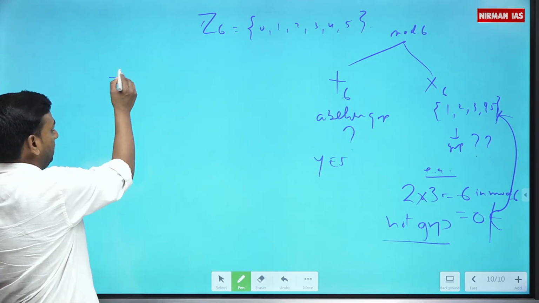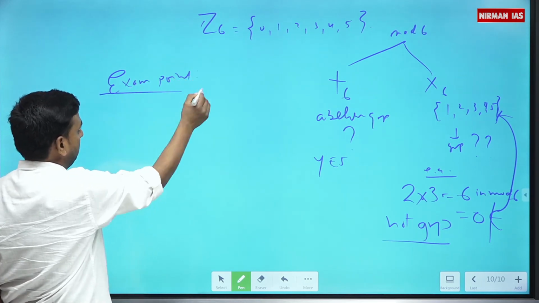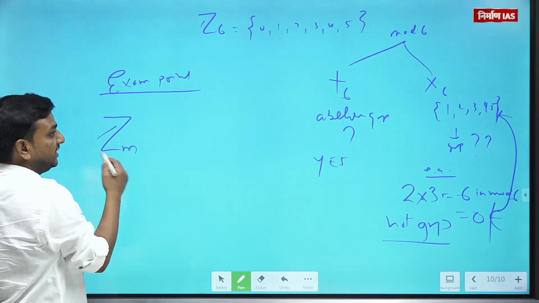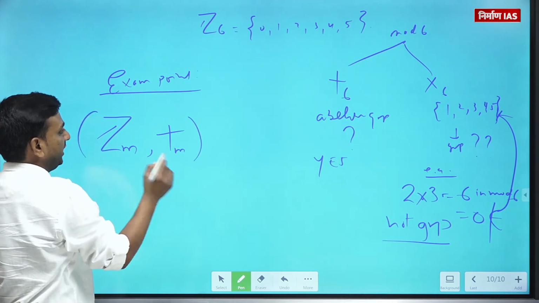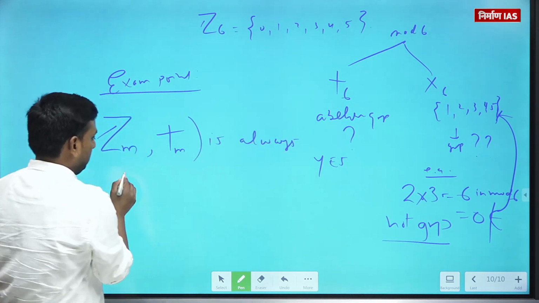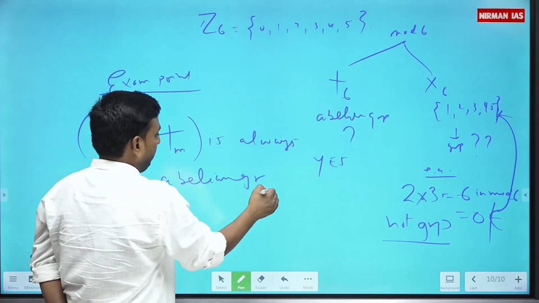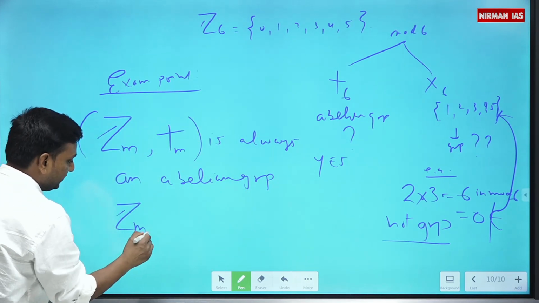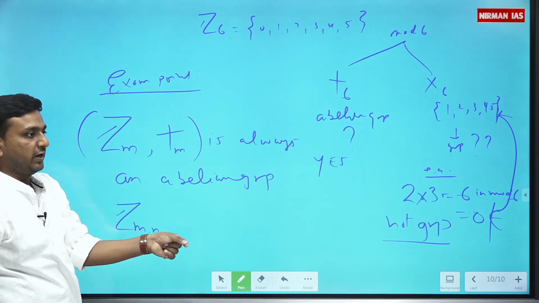In general, just an exam point for you guys. Zm with respect to addition modulo m is always an abelian group. But if this is a composite number, let's say 6, so 6 can be written as 2 into 3.